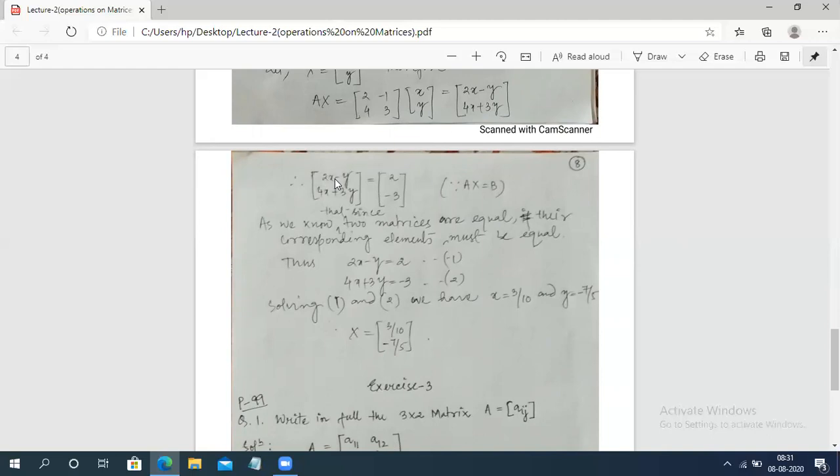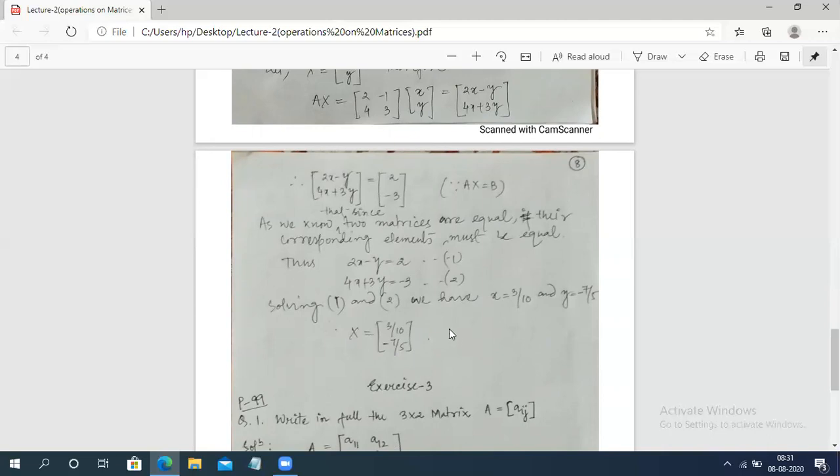That means here 2x minus y will be equal to 2 and 4x plus 3y will be equal to minus 3. Solve these two equations and we will get the values of x and y, and so we will get the matrix X.